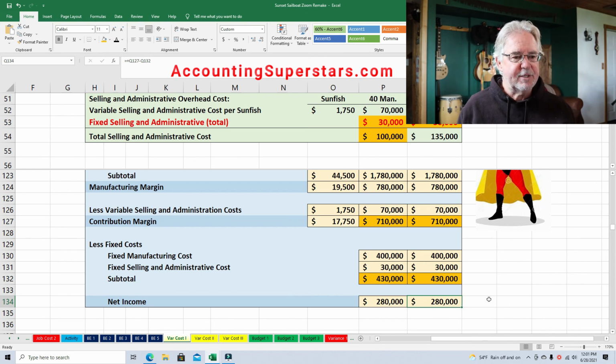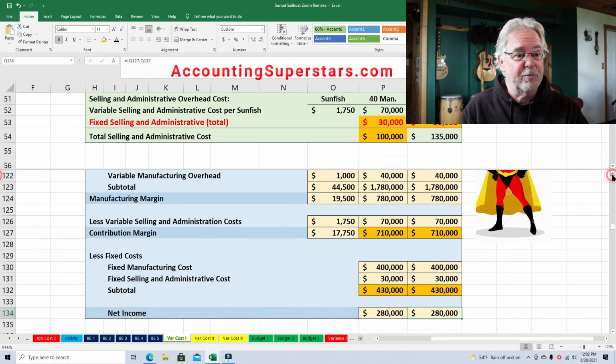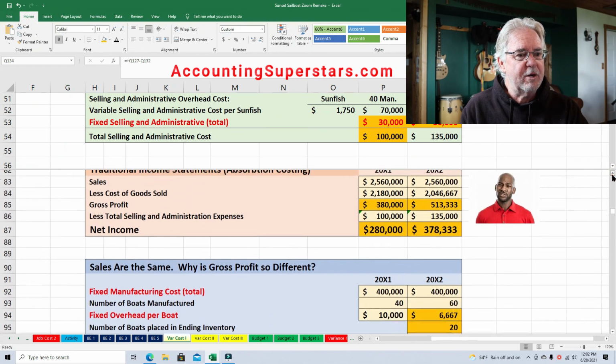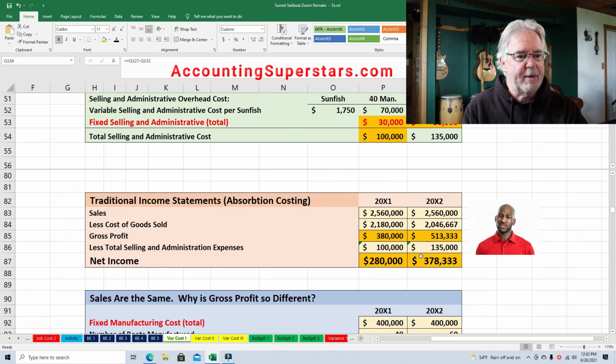So guys, here's the moral of the story. If you're doing the exact same every year, sales are the same, costs are the same, your net income should be the same. And doing it the way that is required through GAAP, we don't get that. We get some wacky numbers where it looks like we're doing better and we're really not. It's called absorption costing. And we come up with crazy numbers where it looks like we're doing better, but we're actually doing worse.